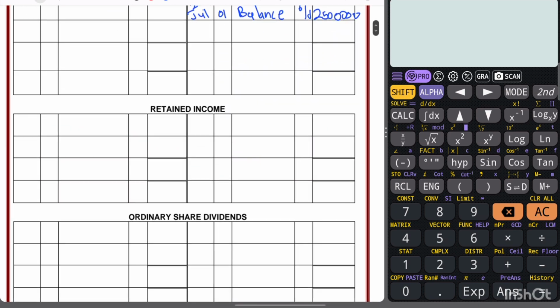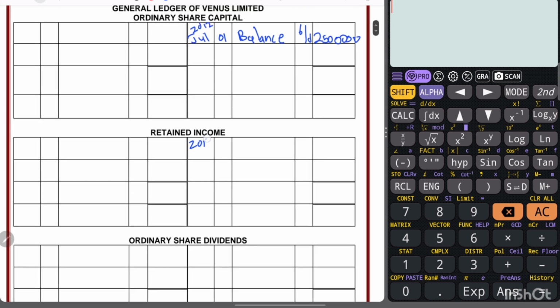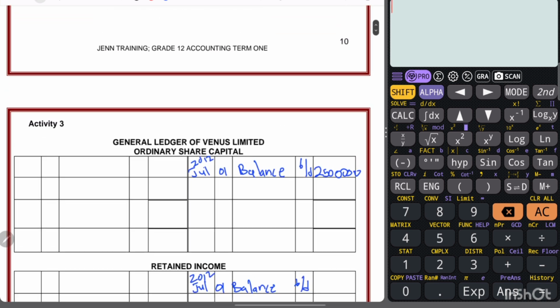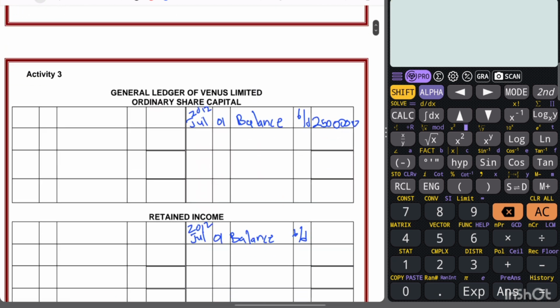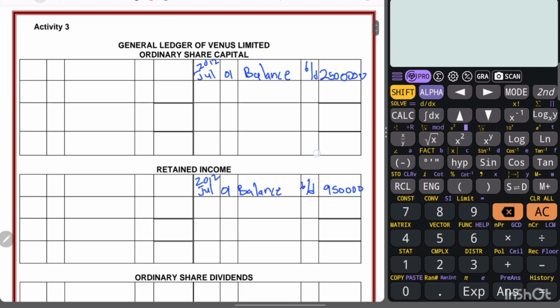Then you come to retained income. It's going to be 2012 July 01, balance brought down. How much is the balance for retained income? It is 950,000.